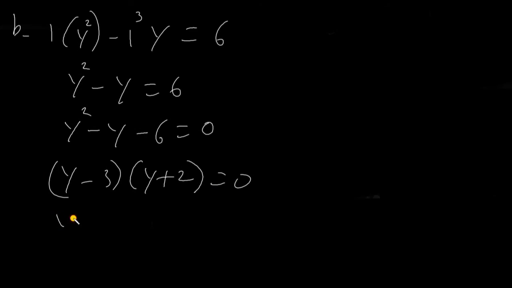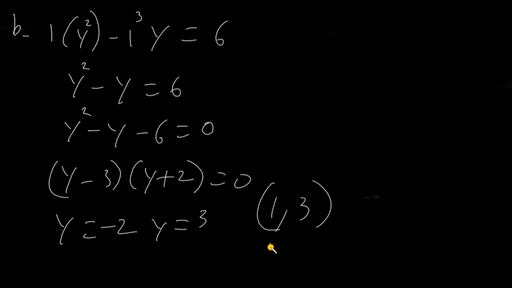And then y is therefore equal to negative 2 and 3, right? So since x is equal to 1, we've now got 2 points. We have (1, 3) and we have (1, negative 2), right?